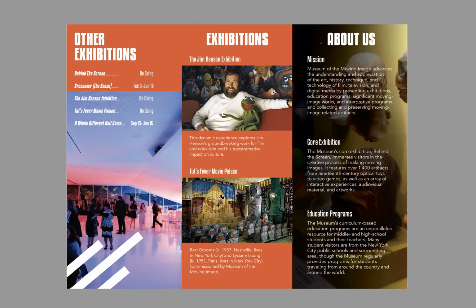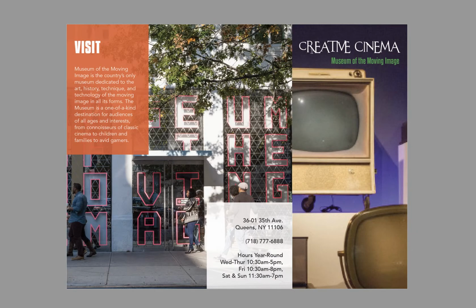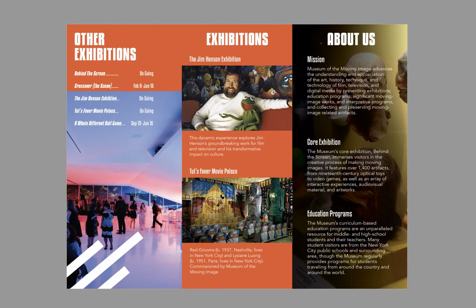Okay, so for your trifold, now you have a pretty different style here. And I think here again you should use Museum of the Moving Image and then Creative Cinema, and then talk again about maybe what exhibitions are happening. Let's see, Creative Cinema.